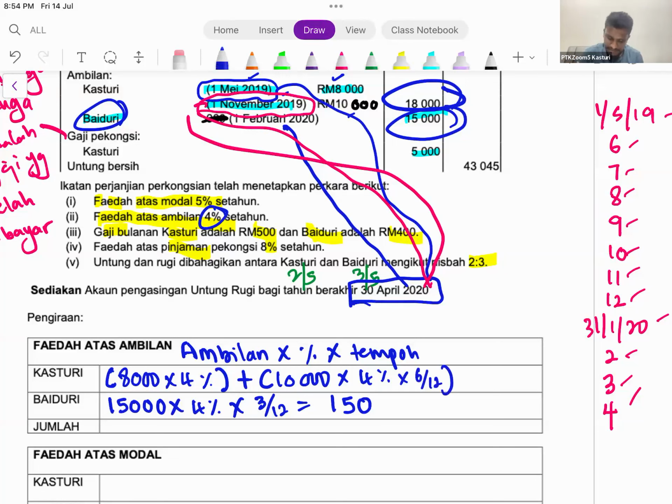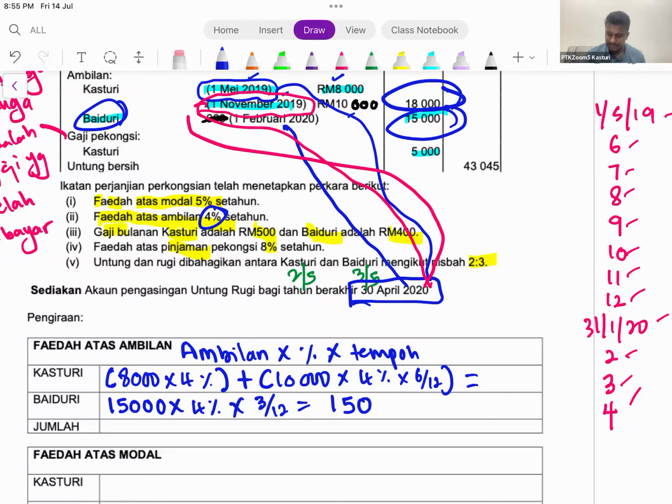So how much is your answer? Can you calculate? 8,000 times with 4%, I get 320. Then 10,000 times 4% times 6 over 12, 200. So 200 plus 320, 520.